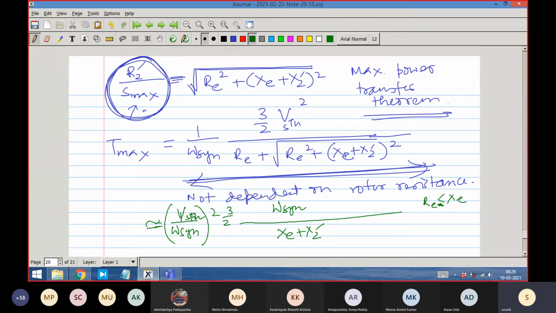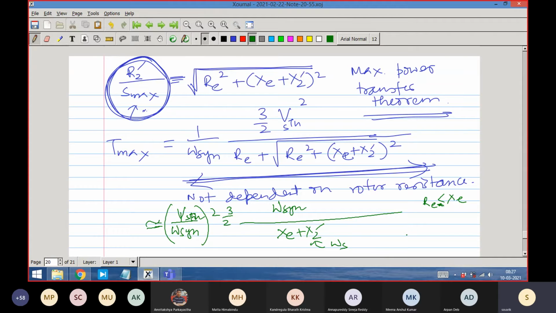Okay, and you can see that omega sin is nothing but this actually is coming from omega supply, right? But as a ratio it is not at all bothering us. As a ratio, this is remaining constant.